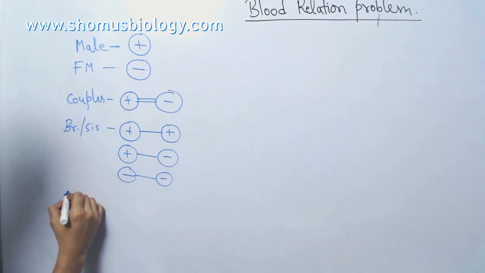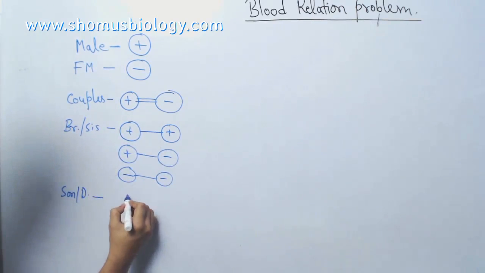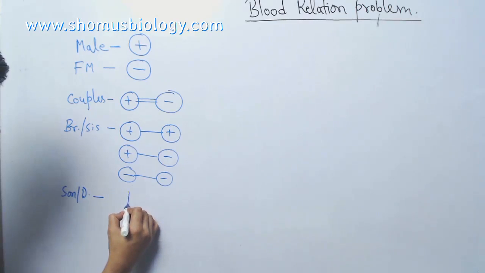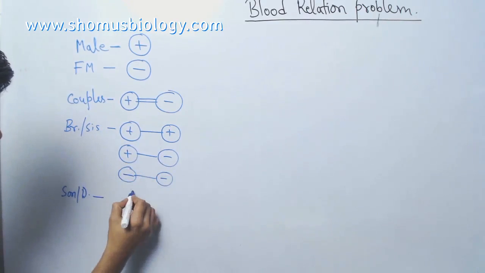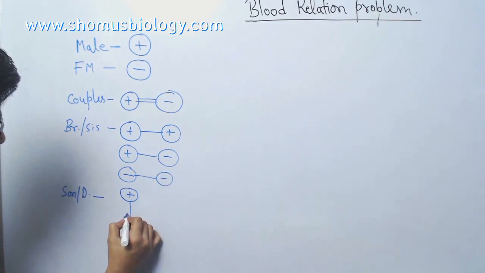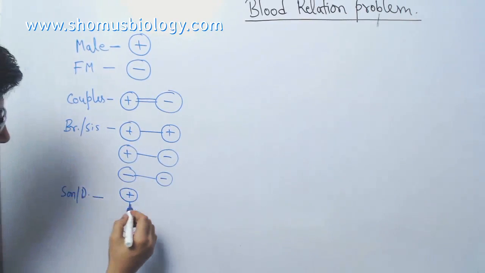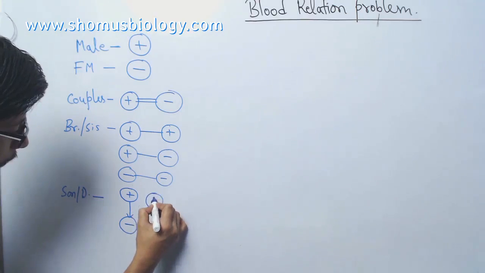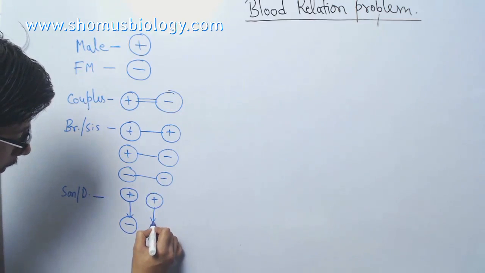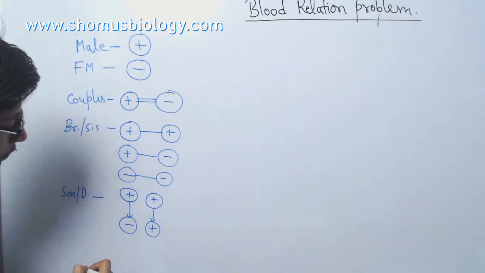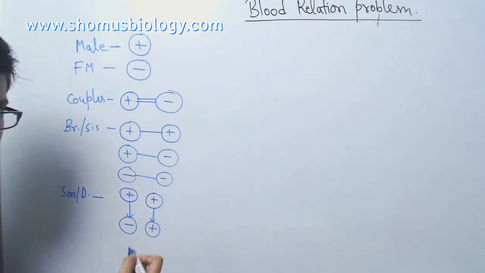And son or daughter, we link simply with an arrow. So for example, daughter of a father will be written like this, one arrow from the father. Son of father is written like this. Okay. So if there is a father, obviously the mother will be there.